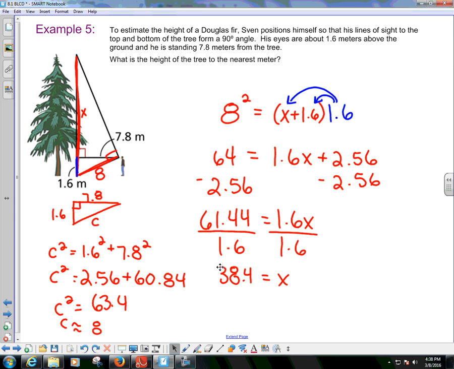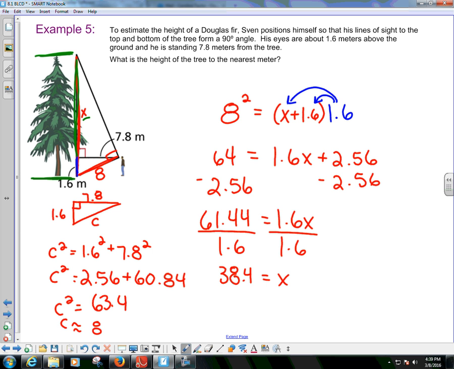All right, folks. I don't know about Mr. Lozar, but in my class, I stress that once we find x, we're not finished. We have to go back to the original problem and reread the question. It says, what is the height of the tree to the nearest meter? All right, well, I found x, and x is just this portion right here. So if I need to know the entire height of the tree from here to here, I need to do x plus 1.6.